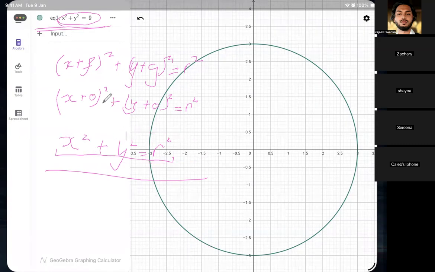Yes. So comparing this to this, r squared is equal to what? r squared is equal to 9. And if you find the square root of 9, we get 3. And if you look at the diagram for yourself, what's the radius? 3.